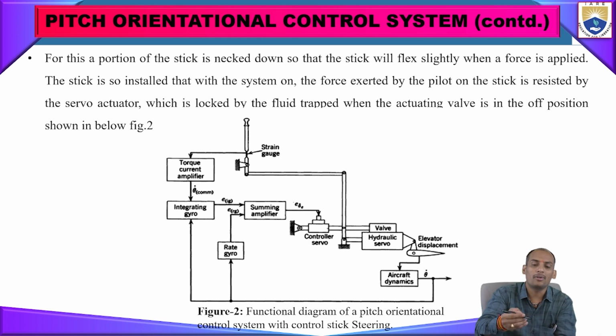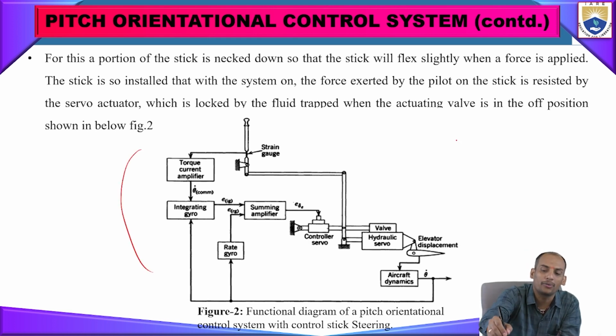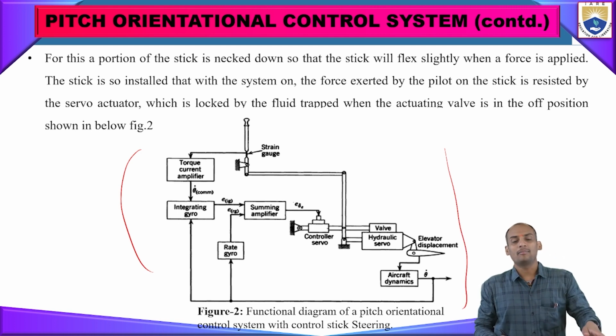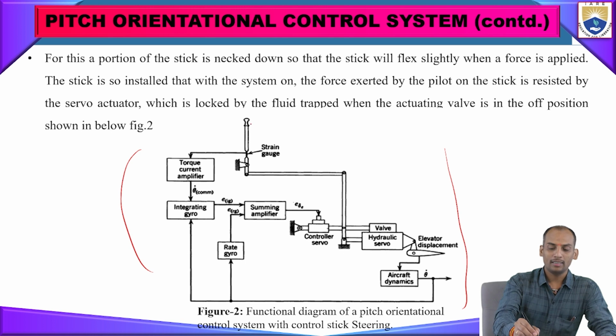You can see here the block diagram of the control stick operation. This is the control stick, and one strain gauge is connected to it at a fixed point. The torque amplifier is given here.